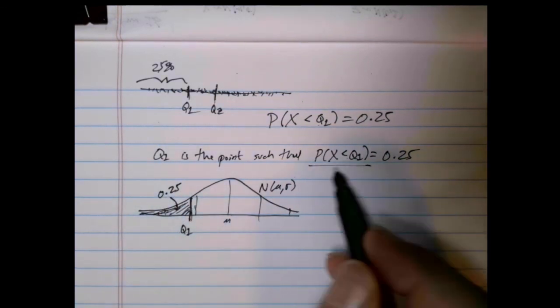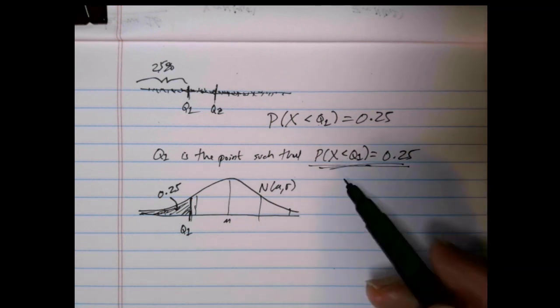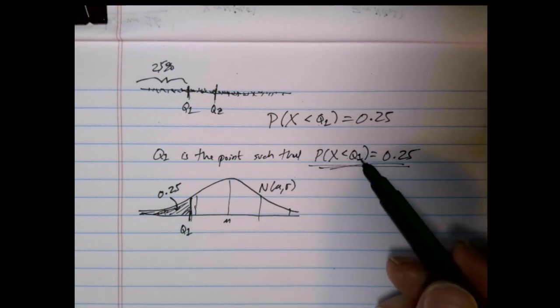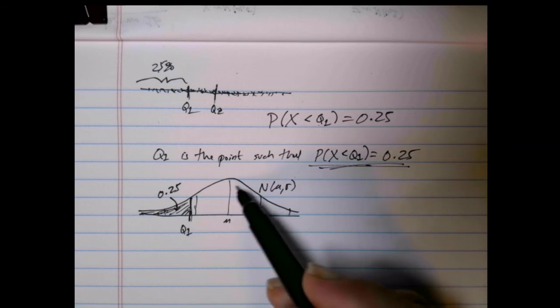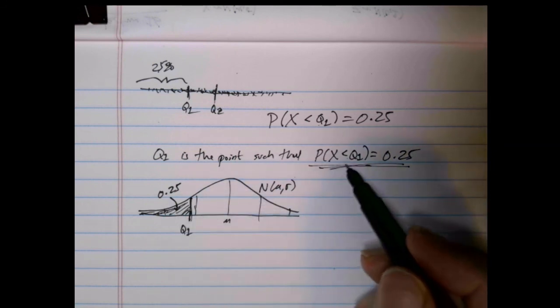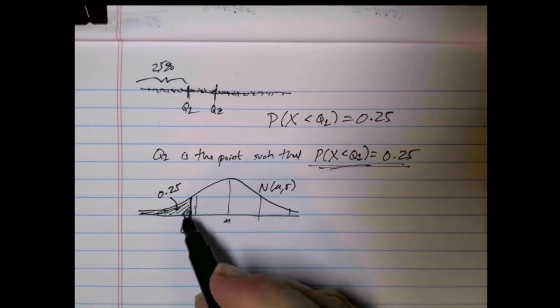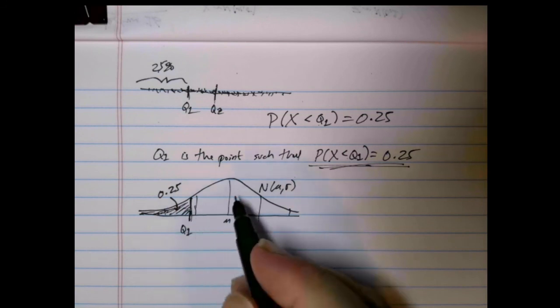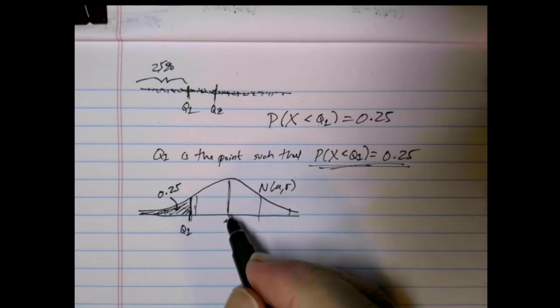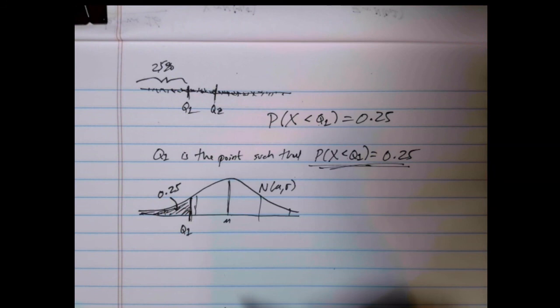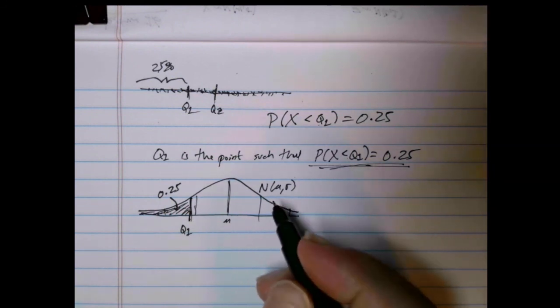Because that's what this means in terms of area. The probability that x is less than Q1, given that x has this normal distribution, is 0.25. That's what Q1 is. Similarly, Q2 would have to be the mean, because half the area is to the left of the mean, and so on.